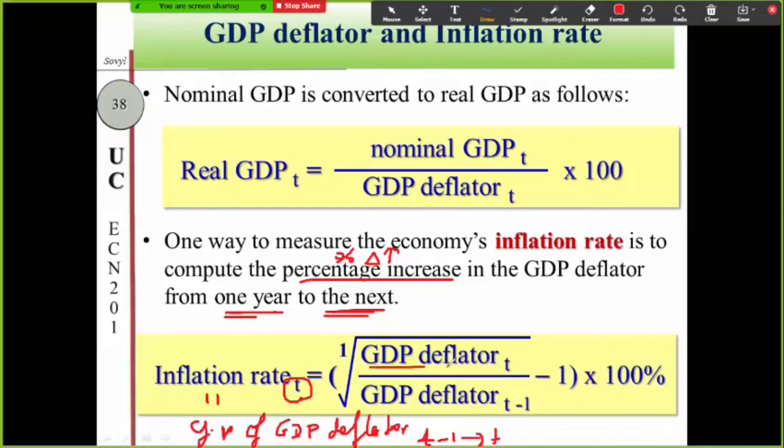By taking GDP deflator year T divided by GDP deflator year T minus 1, because from T minus 1 to T is one period.